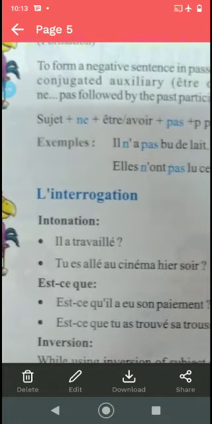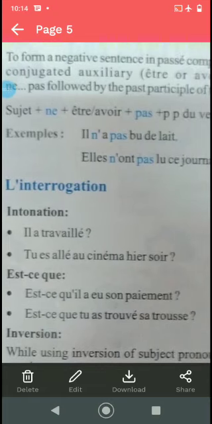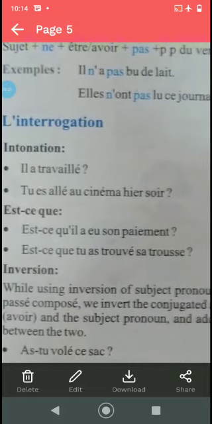Now when you put the interrogation, how are you going to do this? The intonation: il a travaillé, tu es allé au cinéma hier soir. Now these are the interrogation words. For the est-ce que, what are you going to do? For the est-ce que, with the same affirmative sentence, you are not going to put the inversion, like est-ce qu'il a eu son paiement? Got it? It means, did he have his payment?